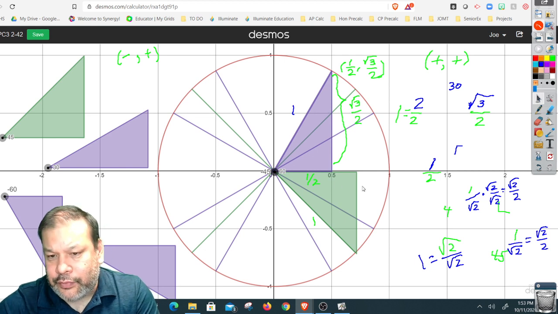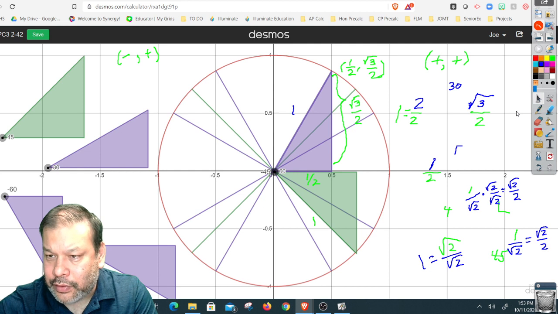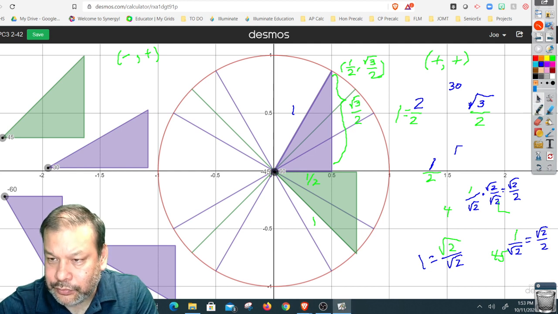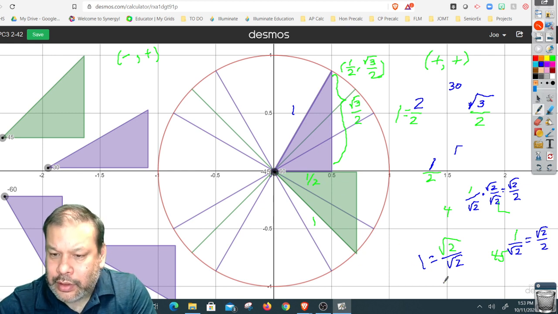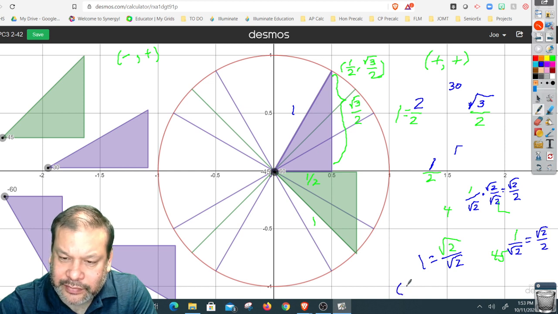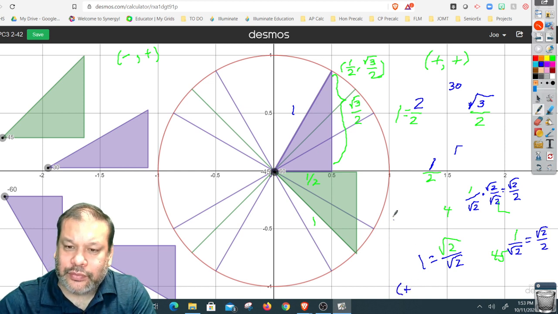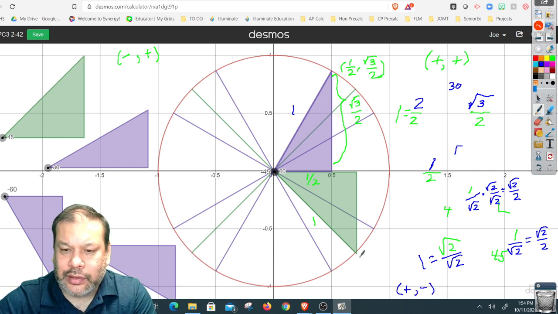So if we're looking at the coordinate point for this angle right here, remember in the fourth quadrant, x is still in the positive direction. And since we're going down, it's going to be negative in the y direction.